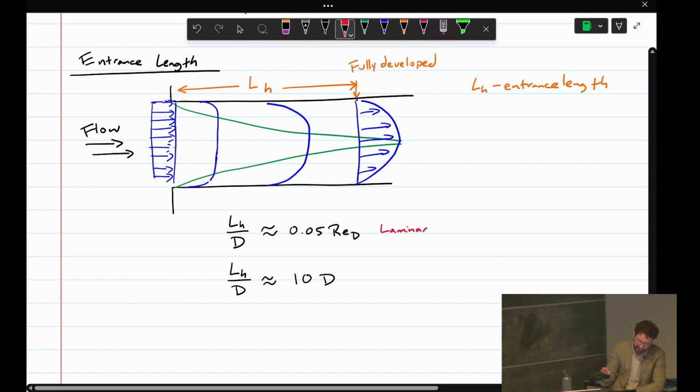So 10 diameters away from the tank or whatever, you can assume the flow is fully developed. So for example, if the hose in the gas was 3/4 inch, so around 7.5 inches from wherever the gas originates from, 7.5 inches along that hose, you can expect fully developed flow. So that's why it will probably be fully developed by the time it reaches your tank. But you're right in that the hose bends will create additional effects. This is for a smooth, flat pipe. So that second case is for turbulent.